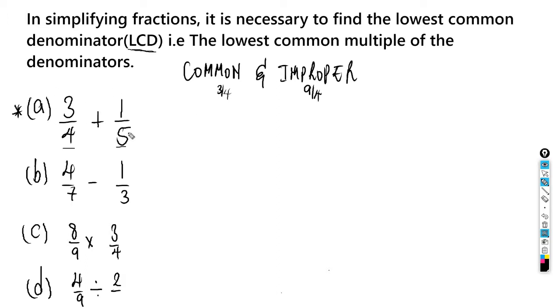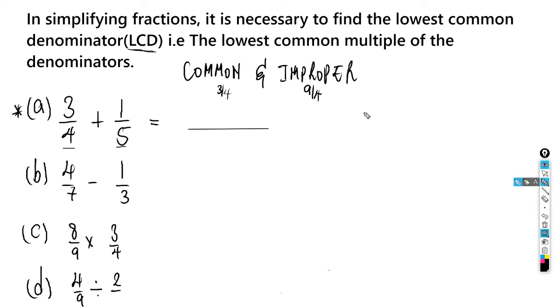All right, so let's simplify this example here. We have 3 over 4 plus 1 over 5, okay? So the first thing we want to do is find the lowest common multiple of the denominators, right? So let's just draw a line here, and this line represents the dividing line, right?